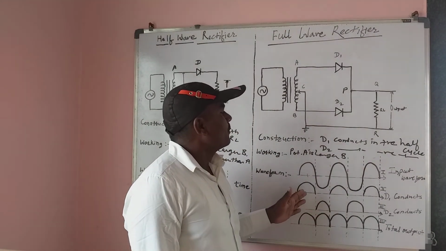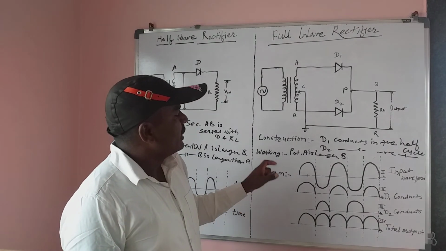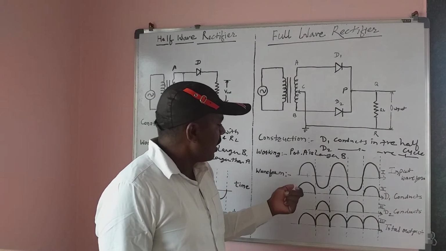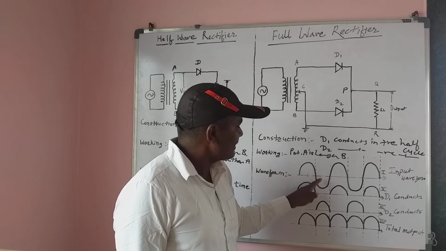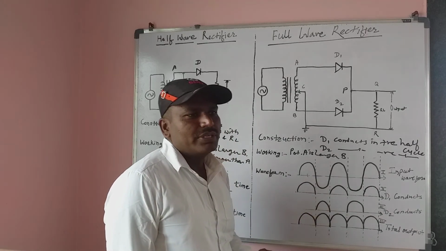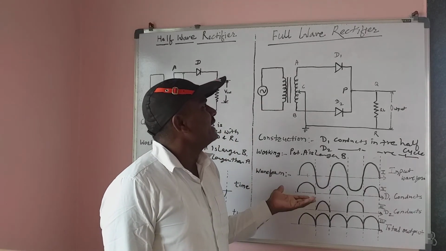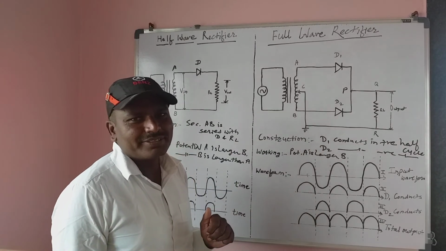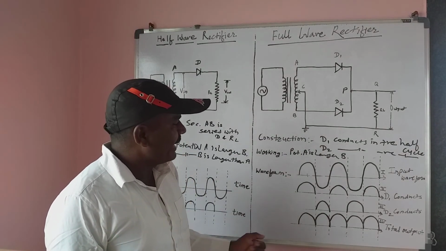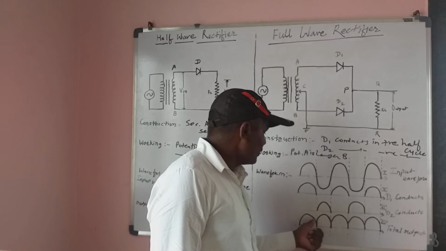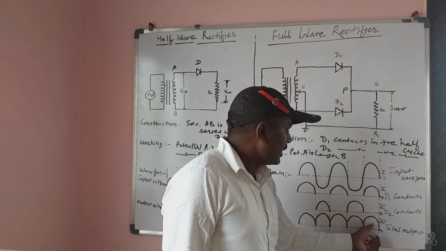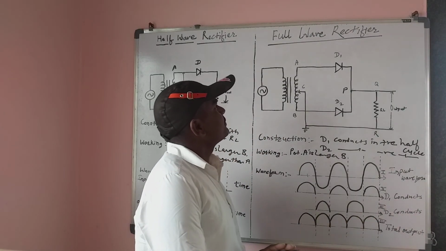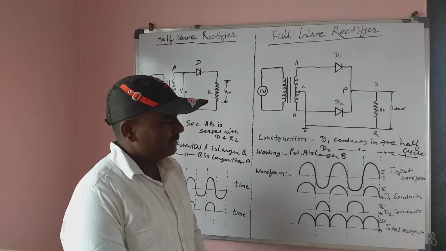That means we get all the positive half cycles and negative half cycles in the output. That means efficiency increases in a full wave rectifier, and so we get all positive and negative half cycles in the output.